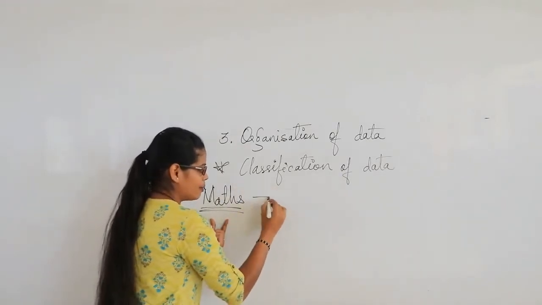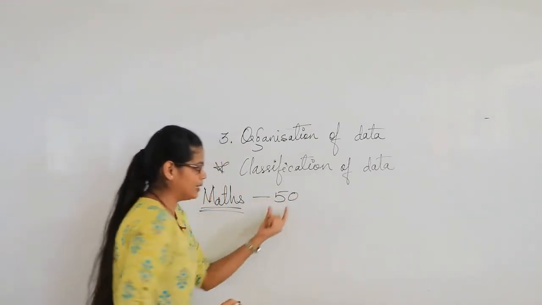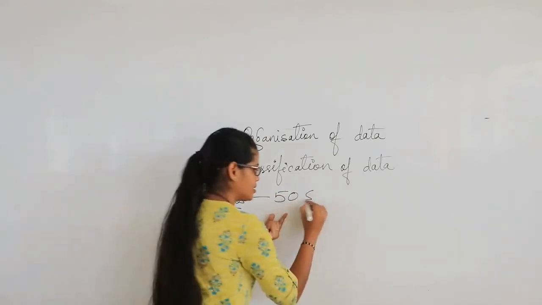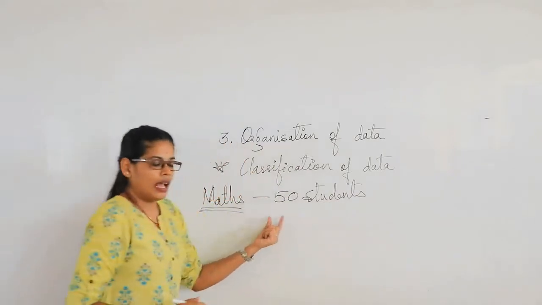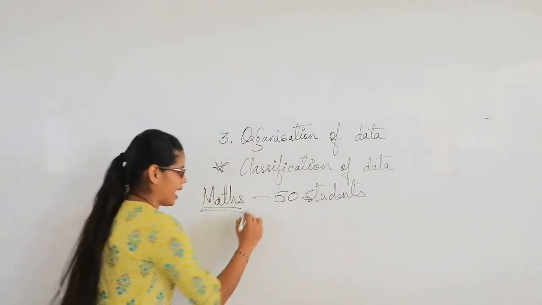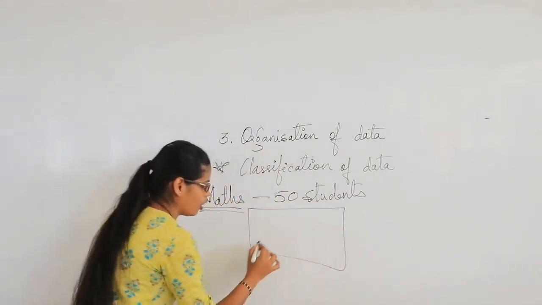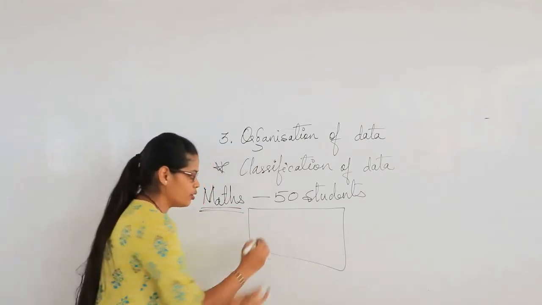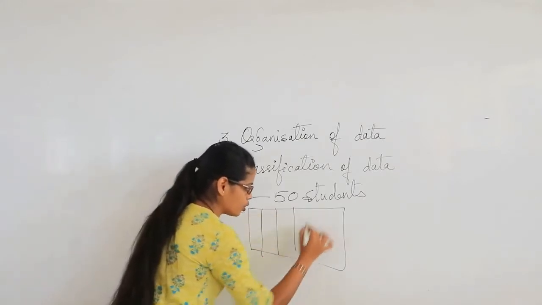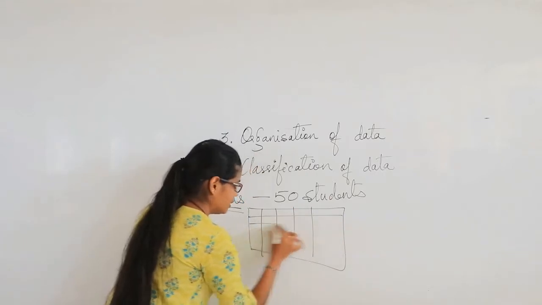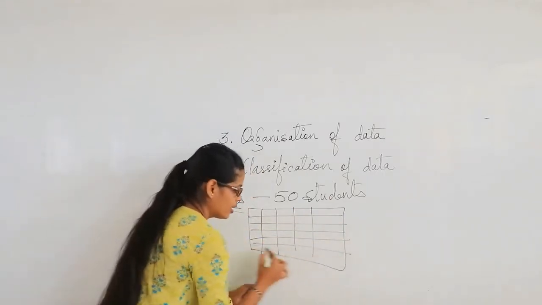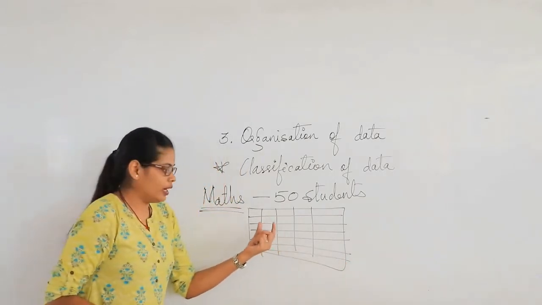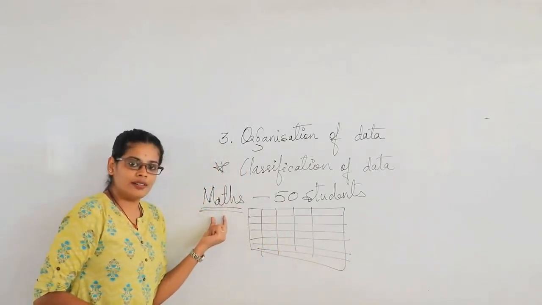Now my sample is 50 students. For these 50 students I have raw data of mathematics. This data shows the marks that the students have scored.